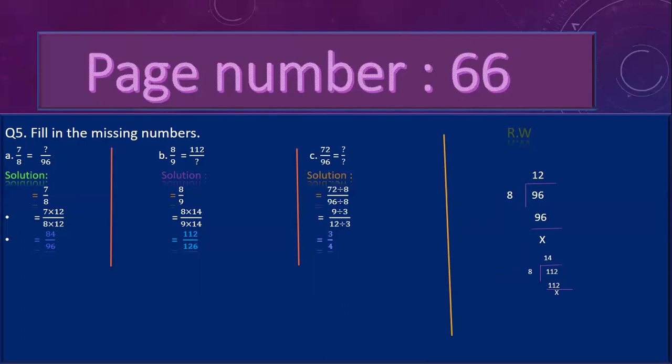Part 3, only a fraction is given, no hint is given on the other side. It means that you will convert this fraction to the lowest term. So what will we do? We see on which table 72 and 96 come.